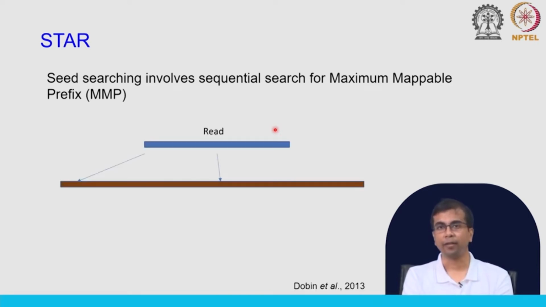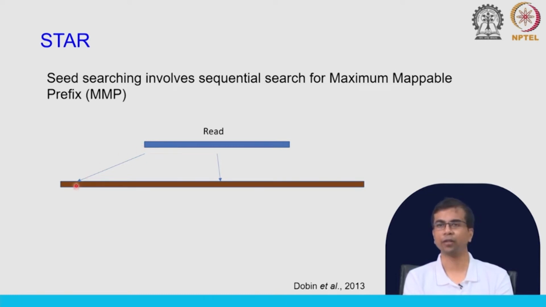Okay. So, here is the read. What this method does is it starts with the read. It will start from this sequence in the beginning and try to find a part of the sequence, or the seed, in the reference genome. So, this brown is the reference genome, and let us say it finds the seed somewhere here.